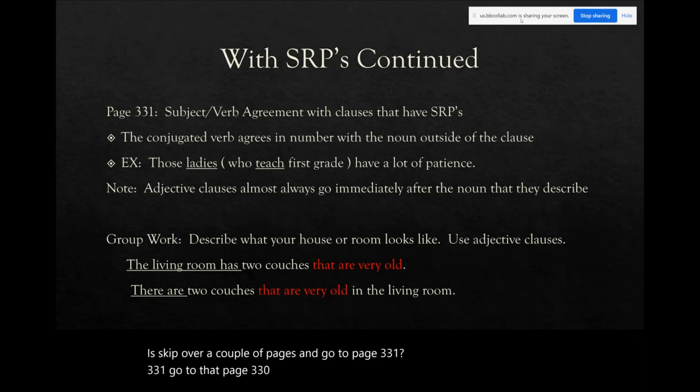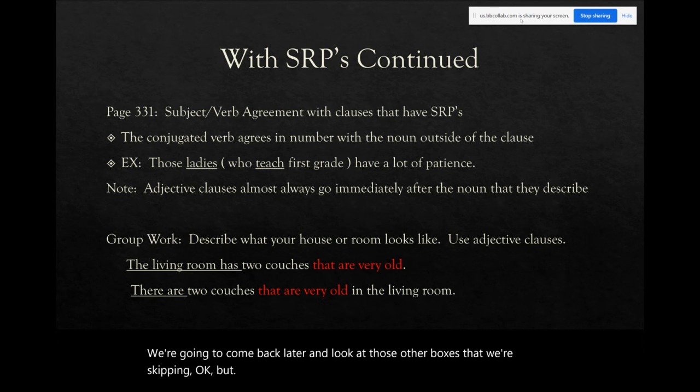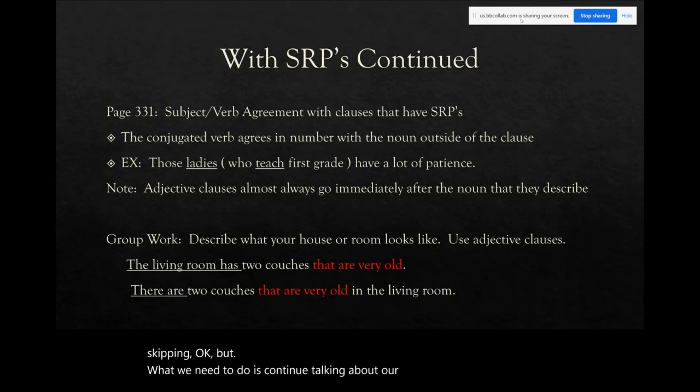The reason is because I don't like how your book has organized the green boxes. We are going to come back later and look at those other boxes that we're skipping, okay? But what we need to do is continue talking about our SRPs, and we need to look at singular and plural.